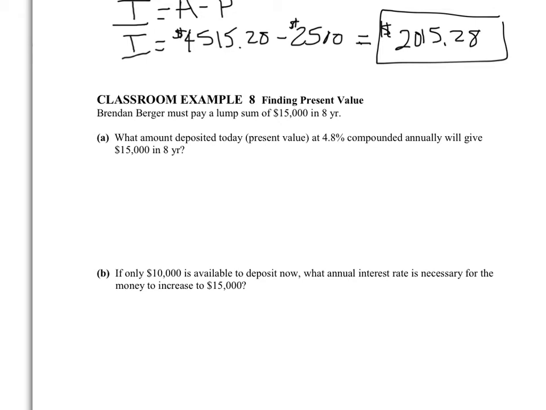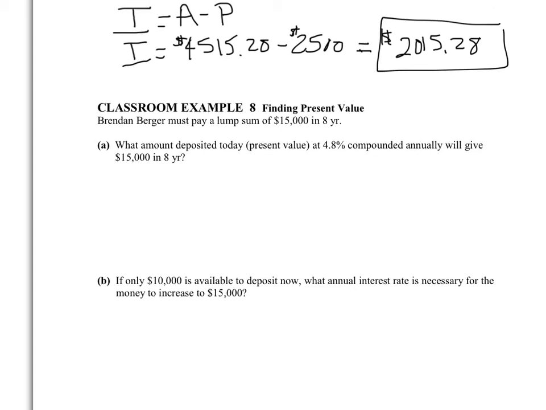Now, remember, we still have to figure out what we're going to be solving for. In this particular problem, it's asking us to find the present value. So we do not know what P is. But we know how much money he needs at the end of 8 years. He needs $15,000. Okay, what would be that interest rate?